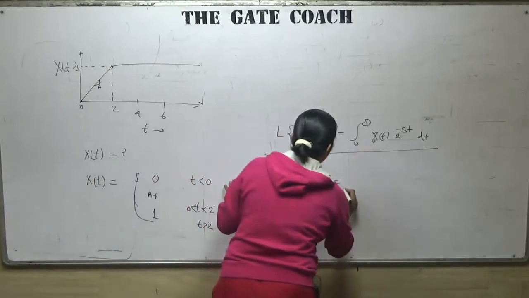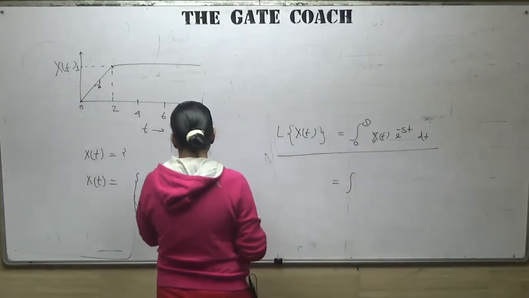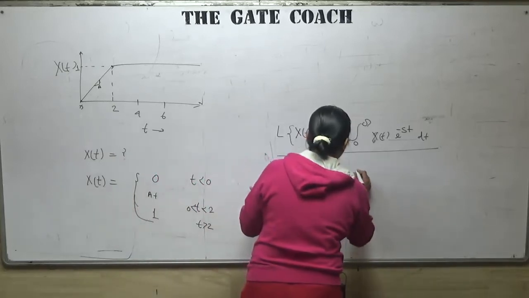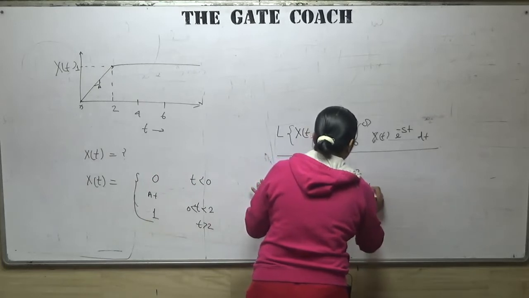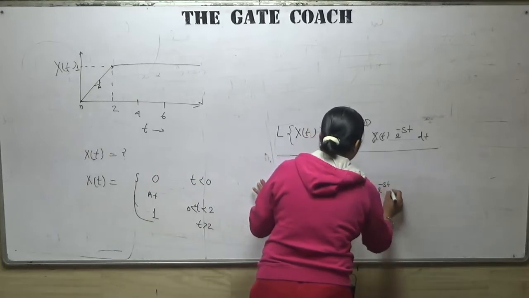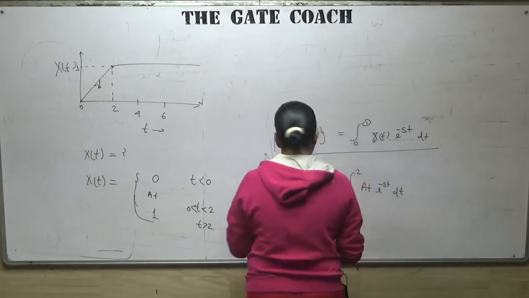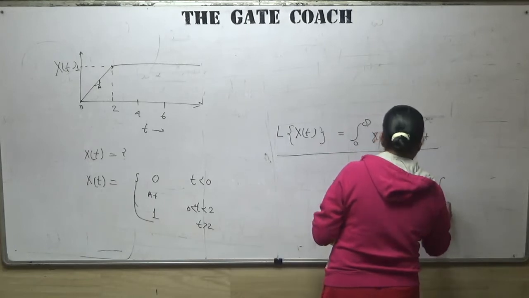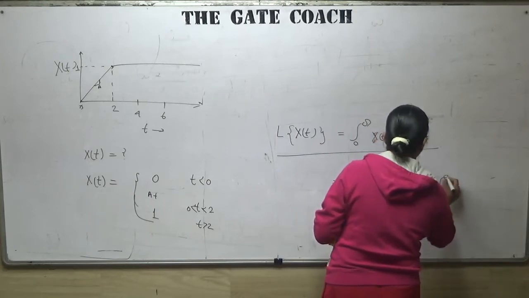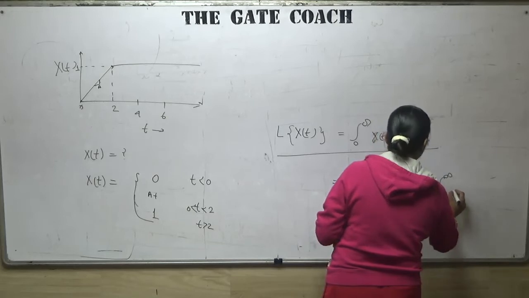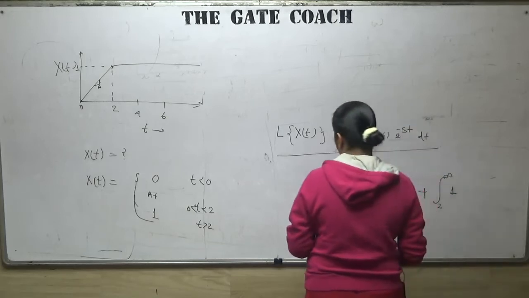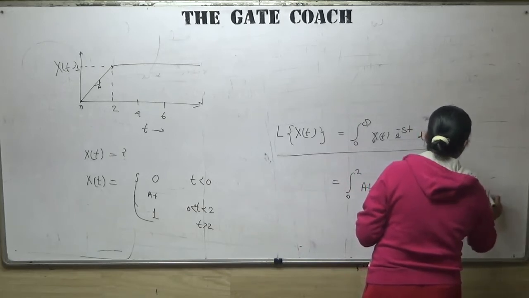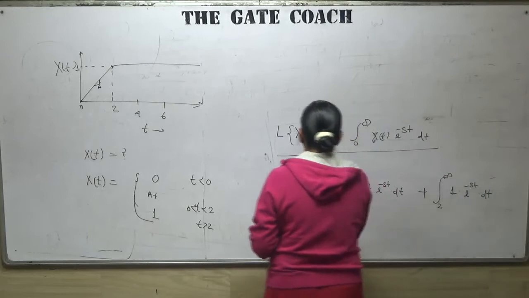So how does it come? For t less than 0 it is 0, for 0 to 2 it's At into e to the power minus st into dt, plus from 2 to infinity, this is 1 into e to the power minus st into dt. So this is how you get the equation.